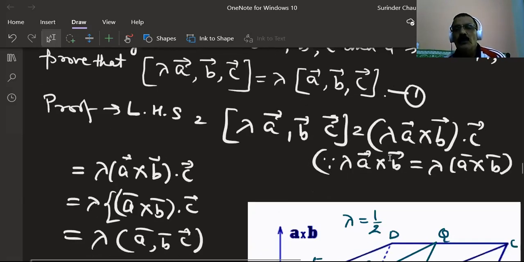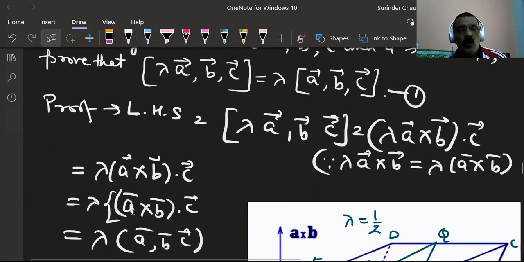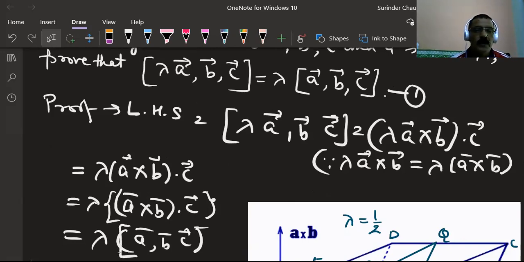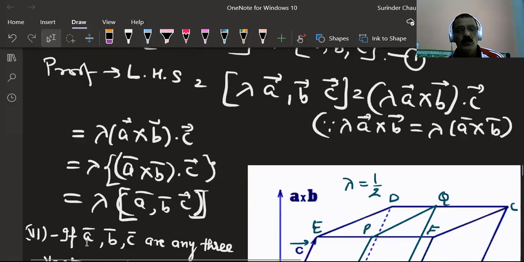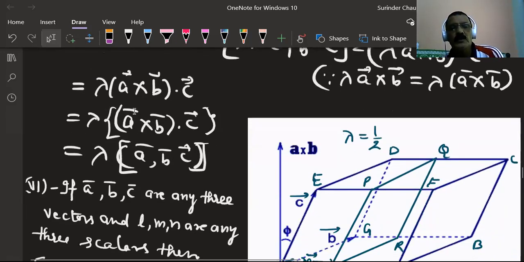So when you substitute this value in the above equation, we got lambda times A cross B dot C. Now, again by definition of the scalar triple product, we can add this in big brackets. This implies the result.